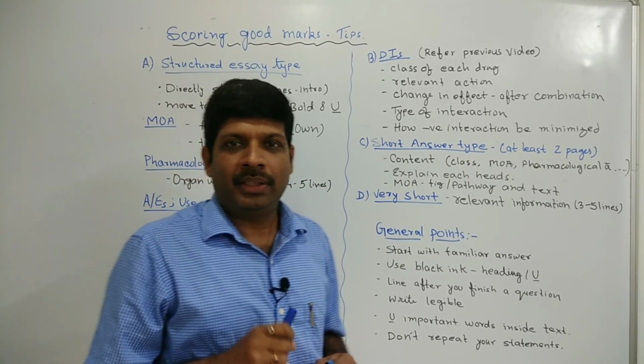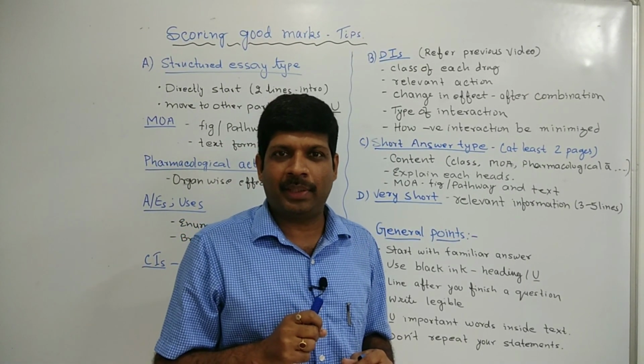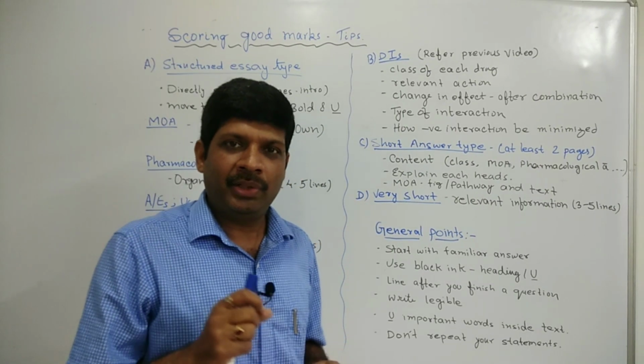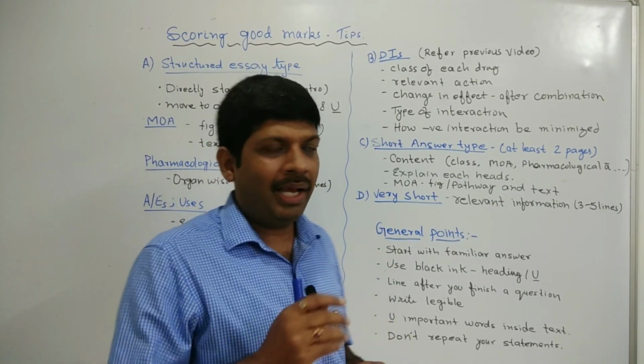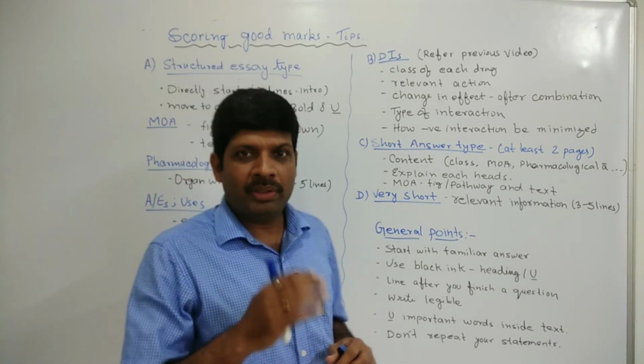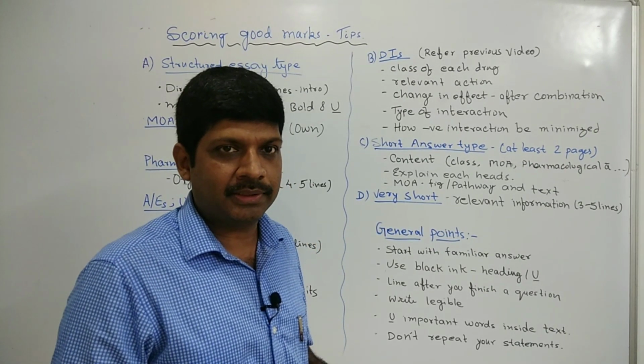Then you get short answer type questions, and then very short answer type questions. In those you may get rationale or drug interaction type questions. I have made this video on the basis of the types of questions we get in university examinations.